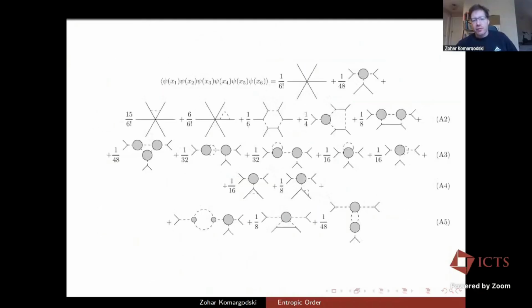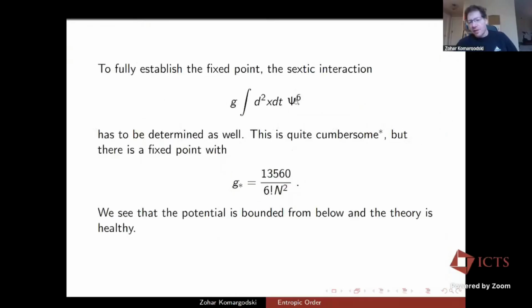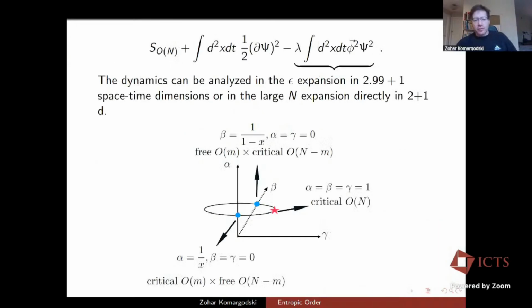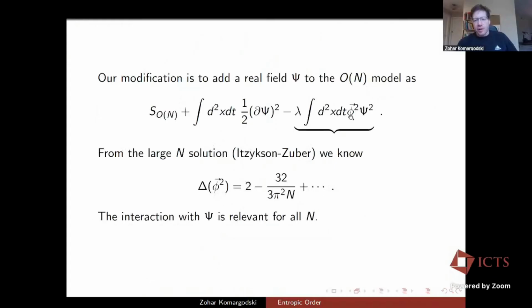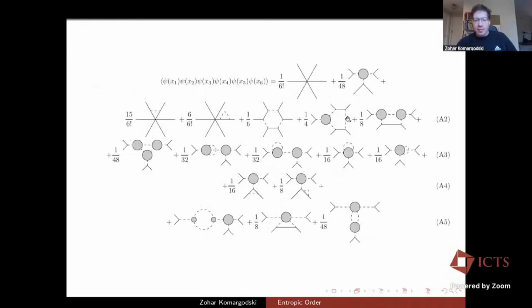Basically, the work is to calculate the beta function for this lambda. There are like 10 diagrams, if I'm counting roughly correctly. There is another coupling constant G, which is like a sextic interaction of this new degree of freedom with itself. So you have to calculate 2 beta functions. We can do these calculations in the large N limit, where N is the number of components for this phi, and it boils down to these 10 or 15 diagrams.